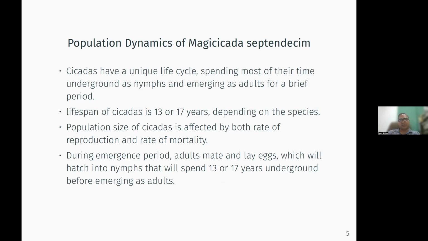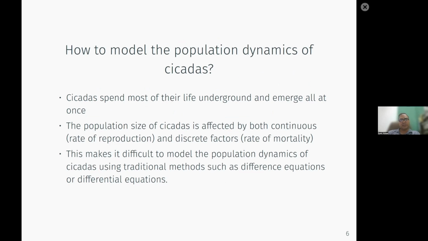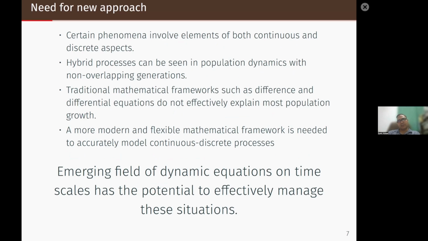So if we want to model this, then we need a set which is a mixture of discrete points and an interval. In that case, if we define a differential or difference equation, then we need time scale calculus to model it. So time scale calculus has applications for such species or such phenomena and processes.